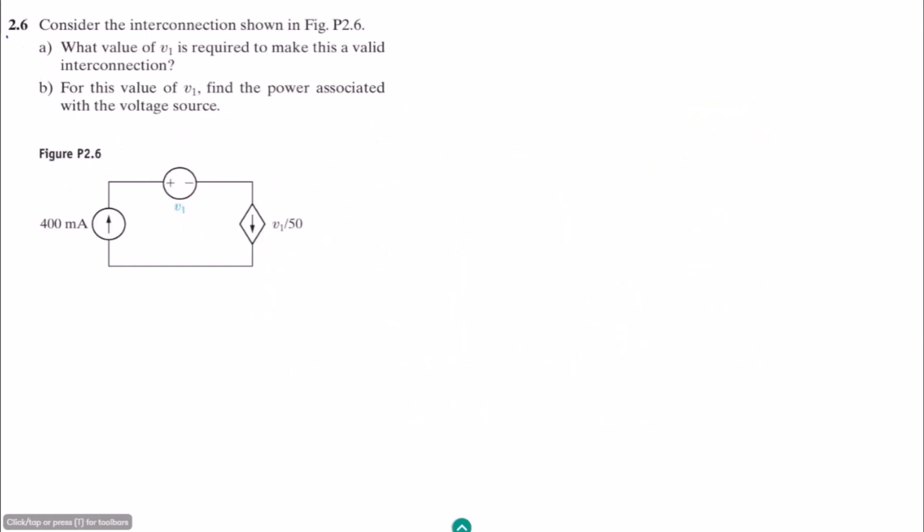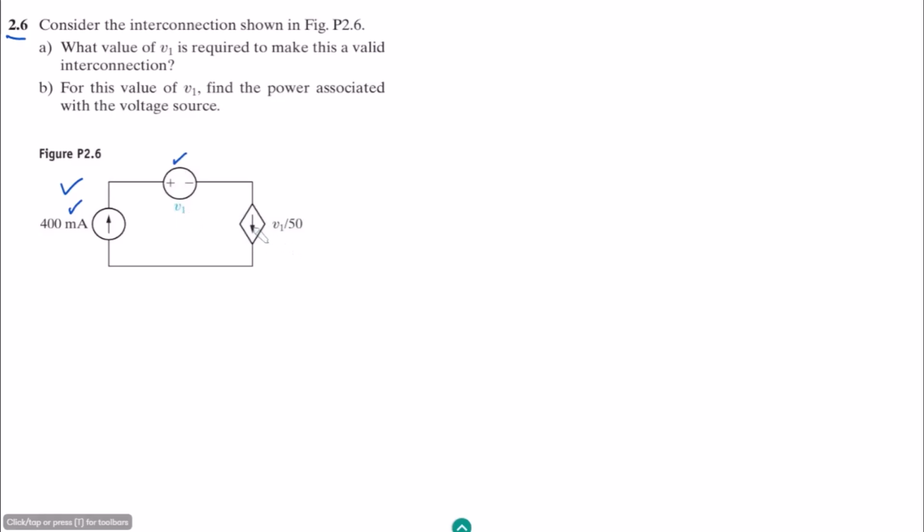This is question 2.6, and the statement of this question is: consider the interconnection shown in figure P2.6. This is the series circuit which contains two independent sources. One of them is the independent current source, the other one is the independent voltage source, while this one is the current source which is dependent upon this V1.